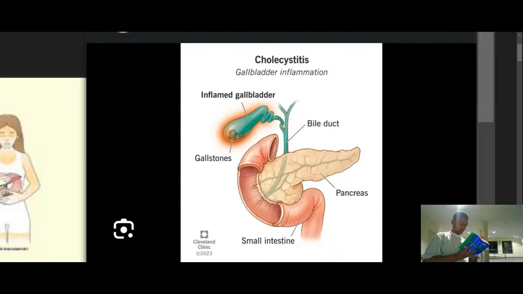Early treatment includes IV antibiotics, so co-amoxiclav. Emergency cholecystectomy is recommended if the patient's symptoms developed within the preceding 72 hours and imaging confirms the absence of common bile duct stones.